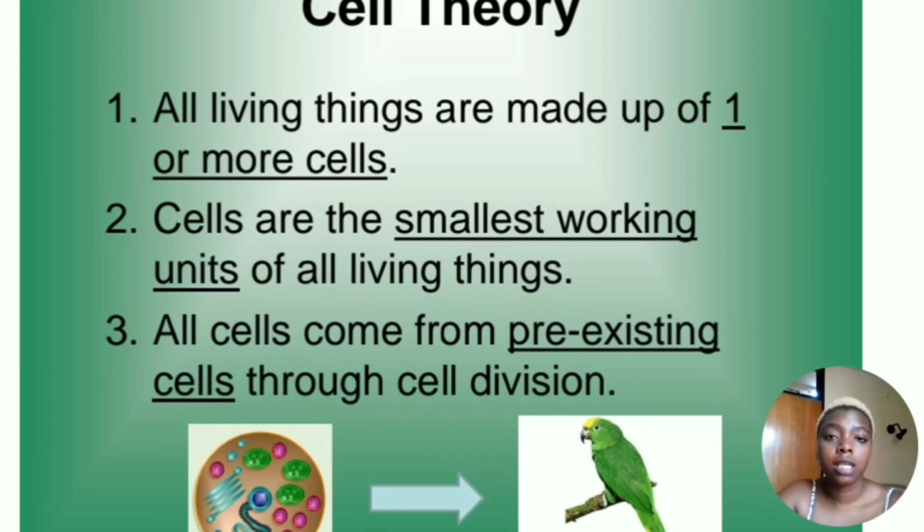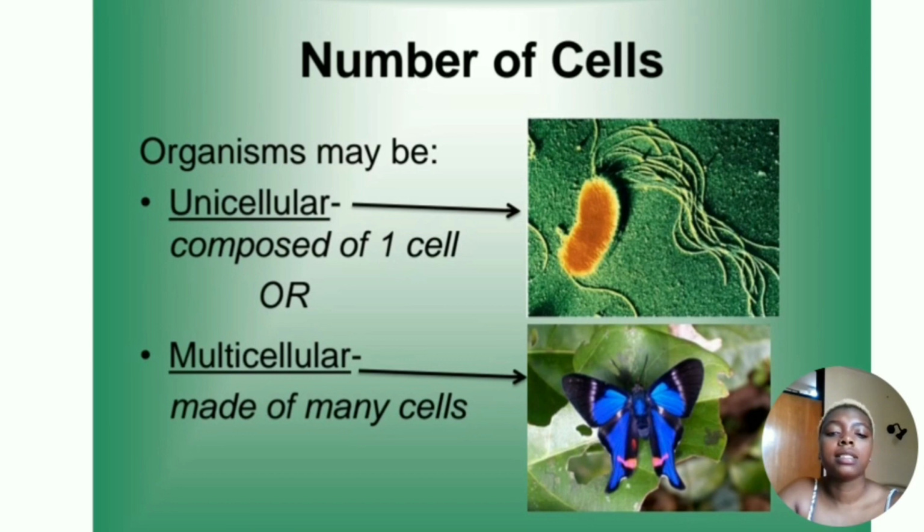Cell division you'll learn more about as you advance in grades, right? For now it's no longer important. And on the number of cells, organisms may be unicellular, containing only one cell, or multicellular, which is an organism that has many cells, right?